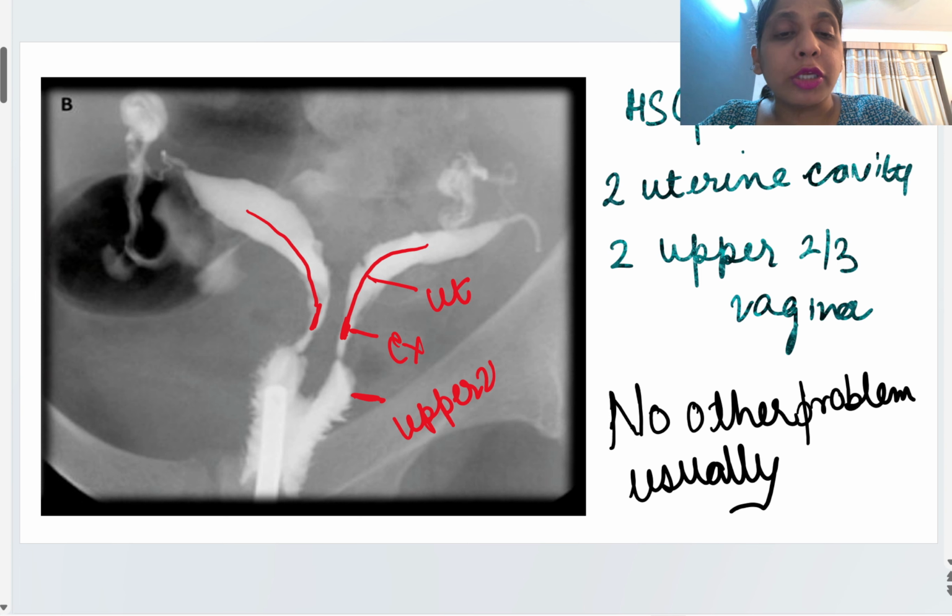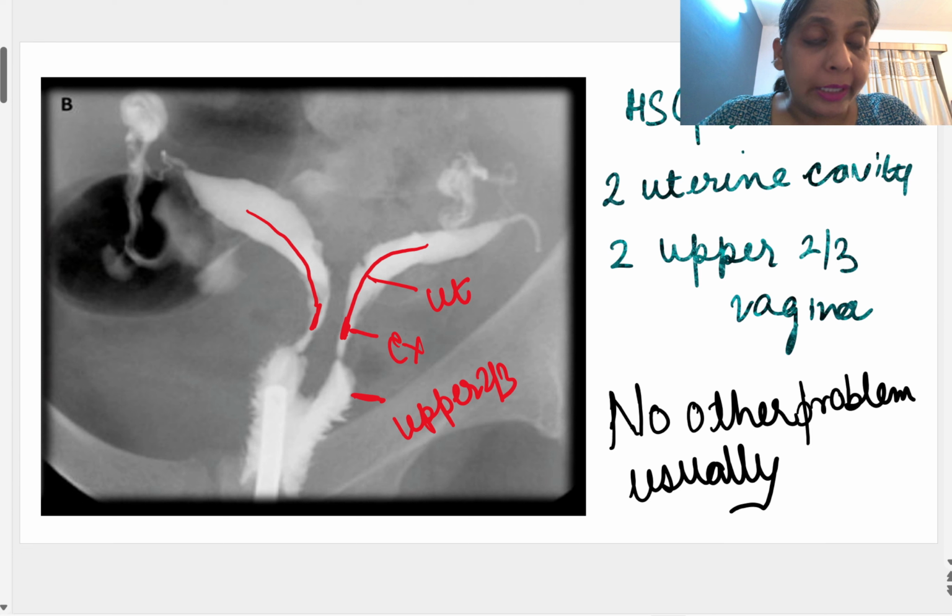So this HSG is of course uterus didelphys, in which we are seeing two uterus, two cervix and two upper two-third vagina. Okay, now usually in uterus didelphys the patient doesn't have any problem. Everything happens so smoothly.